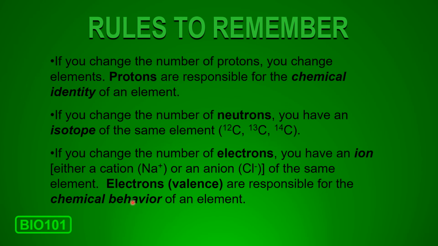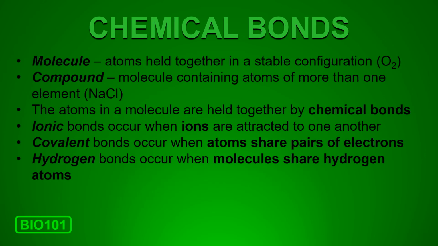Chemical behavior comes from valence electrons. Now, molecules are held together in a stable configuration. My example here is a molecule of oxygen. This is gaseous oxygen. All right, you never see just one oxygen molecule. Here it links up with another oxygen, and that's very stable for the two.